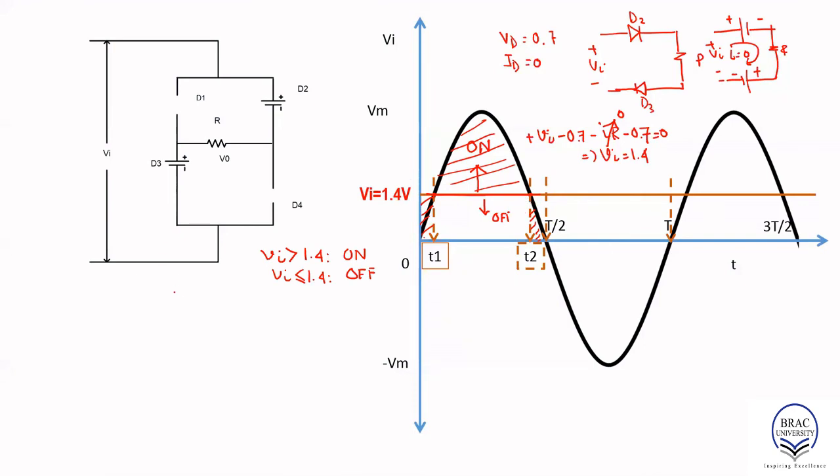So mathematically we can write, T greater than 0, less than or equal to T1, Vi is less than or equal to 1.4. From T1 to T2, T is greater than T1, less than T2, you see Vi is greater than 1.4.